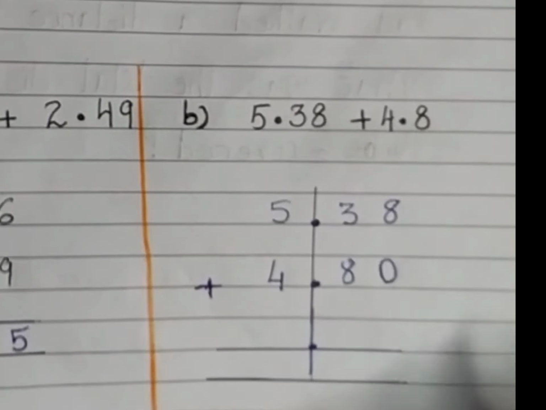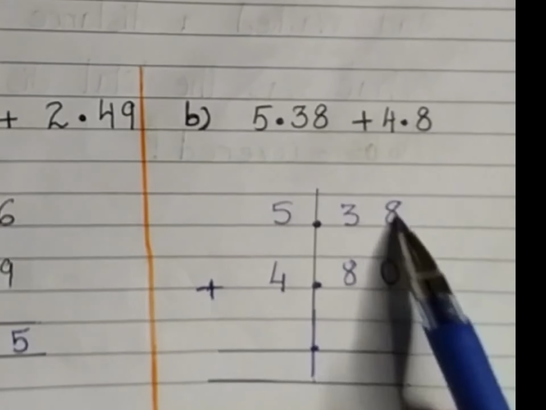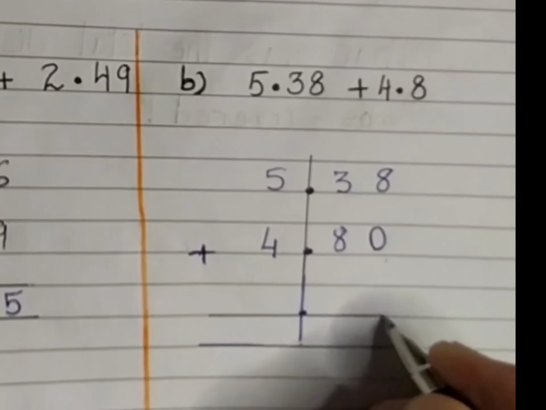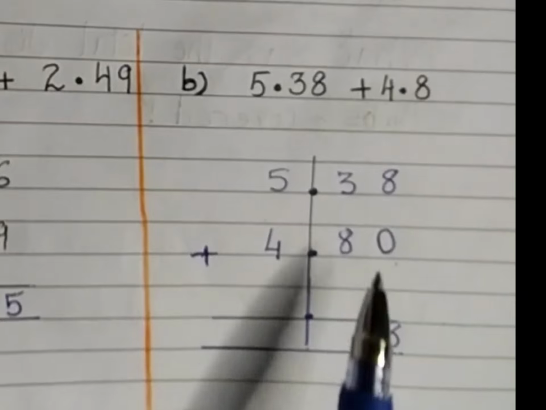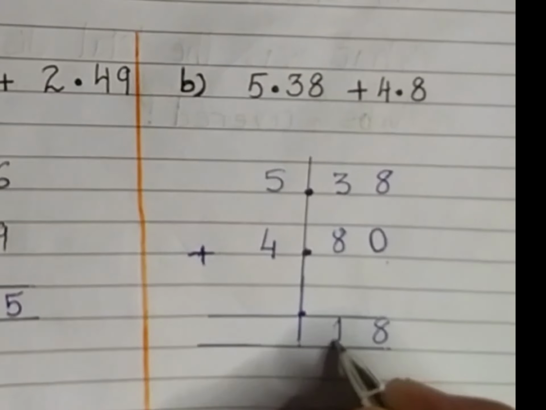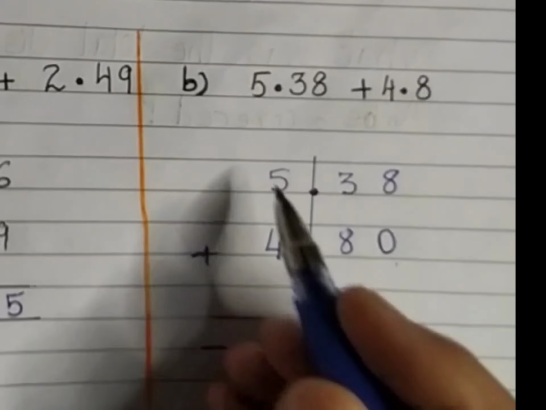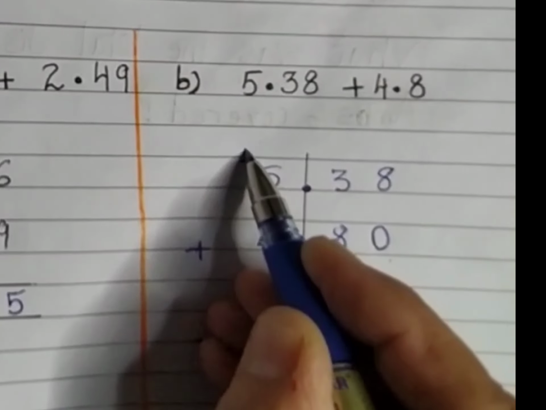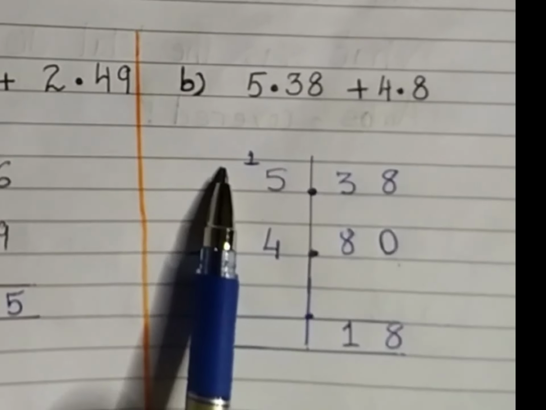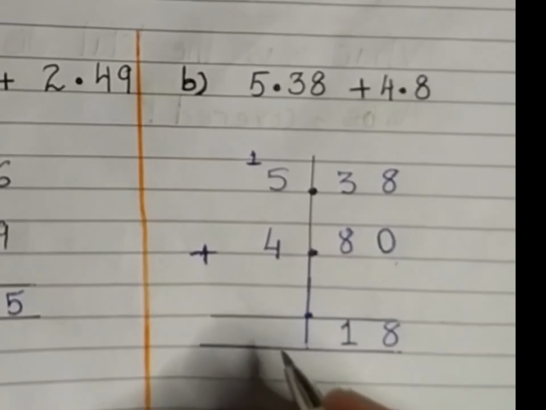Okay? 8 plus 0 is giving me 8. And 8 plus 3 will give me 11. So 1 stays back here and the other one jumps up. We will carry it up. 5 plus 1, 6. And 6 plus 4 is 10.